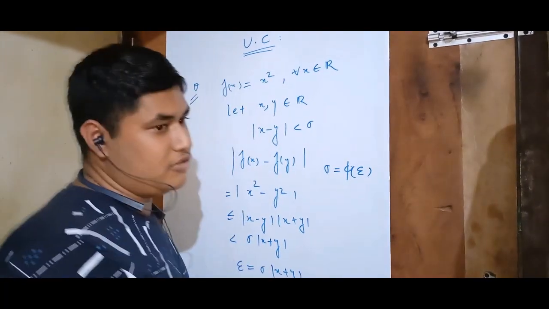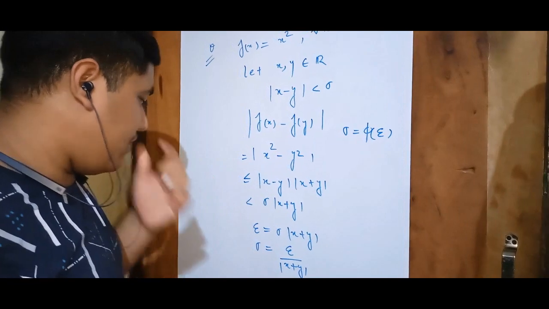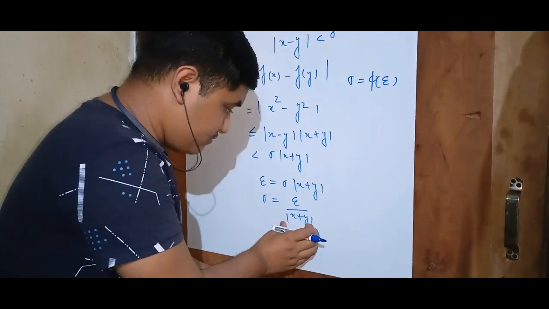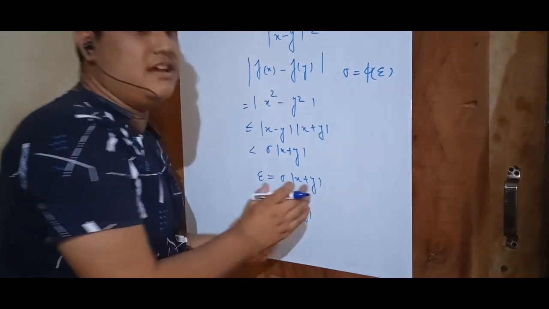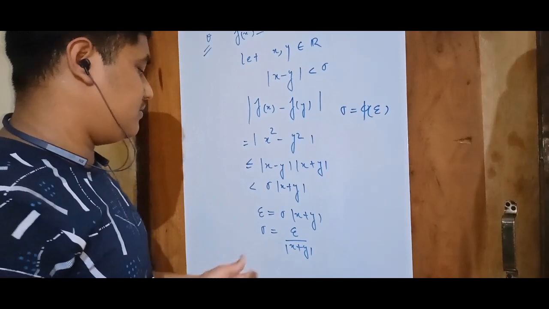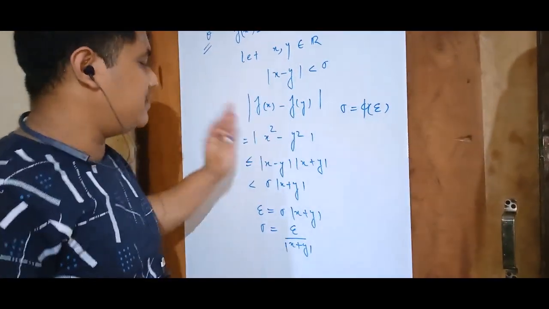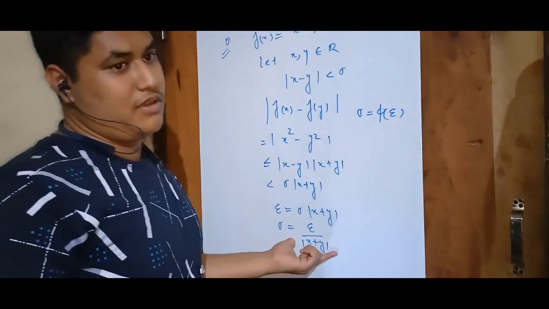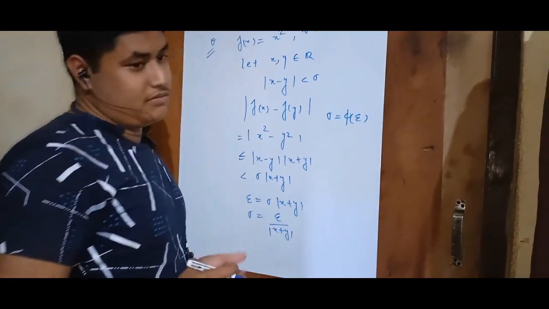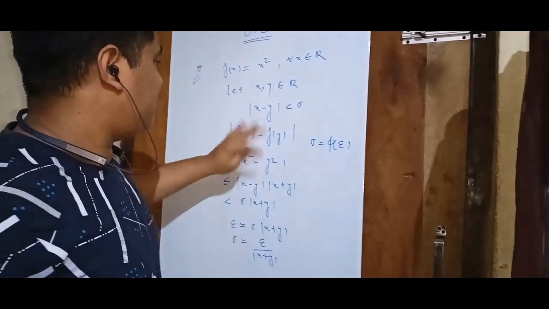When it is dependent on the points, it is not uniformly continuous. But if modulus of x plus y is bounded, it will give a bounded solution, and then the function is uniformly continuous. We will see this in the next example. So this one is not uniformly continuous.